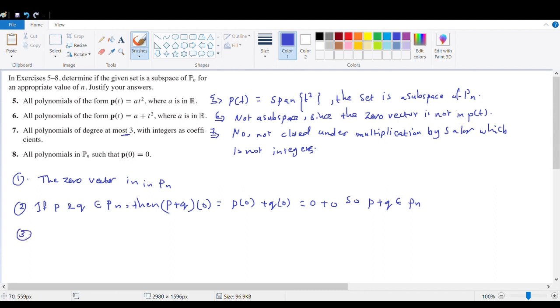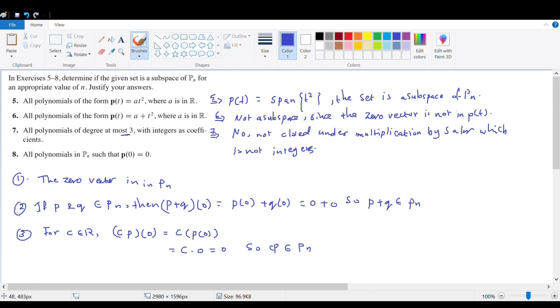So 3, we need to know if we take any scalar c in R, what is (cP)(0)? This is similarly c multiplied by P(0). So this is c multiplied by 0, which is equal to 0. So from here, cP is inside Pn.